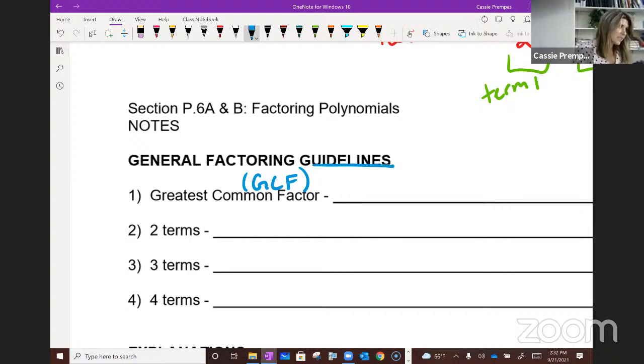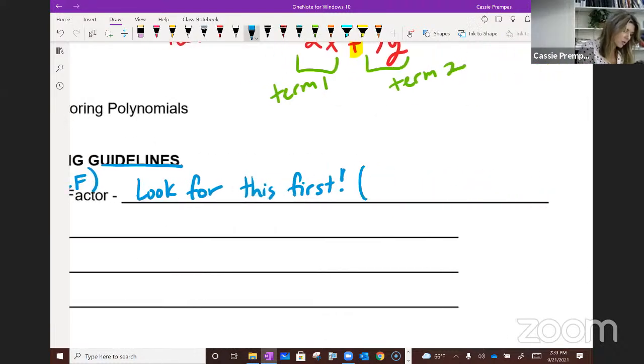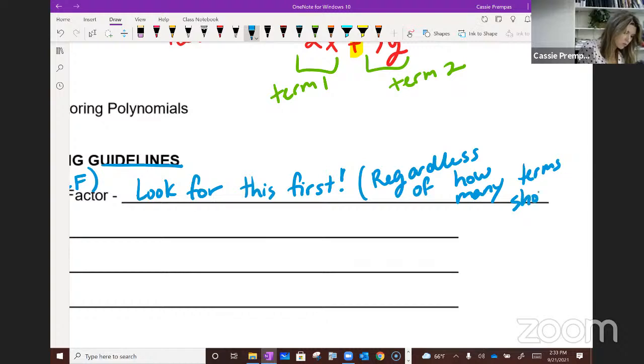In these guidelines, I'm going to say look for a GCF first. We're going to be focusing on that today, regardless of how many terms are shown.